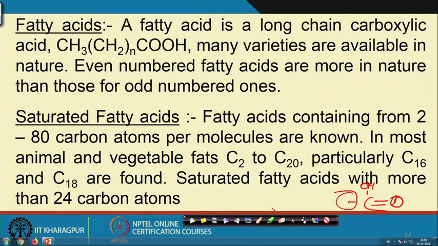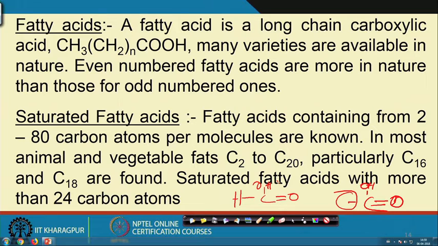If we substitute it with one hydrogen, that is HC double bond OOH. Now, this is also an acid, and it also can react with glycerol, right. But normally formic acid, which has up to 1, 2 or 3 carbons, is not said to be a fatty acid.